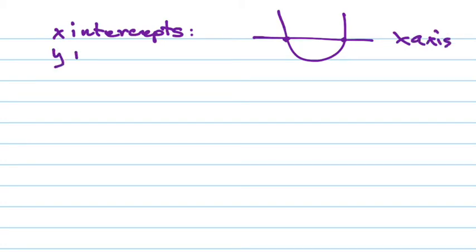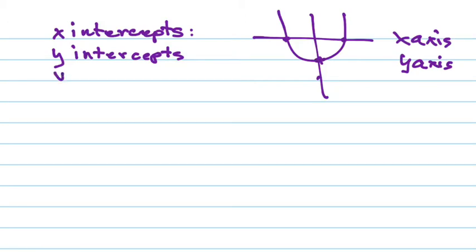We've talked about the y-intercept. For these, there's only going to be one. That's where it's crossing the y-axis. So that point there. We've talked about the vertex, or the turning point. That's that point where it's turning. In this case, it happens to be on the y-axis, just the one I drew. Okay? We've talked about that.